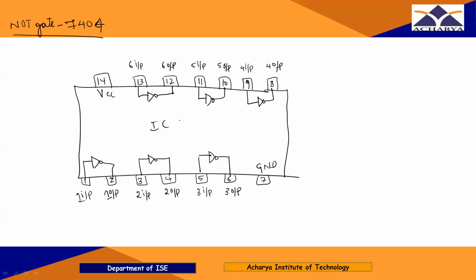So this is IC 7404. So how many gates are available in one IC? In one IC, 6 NOT gates are available, right? So this is the diagram for the NOT gate, right?